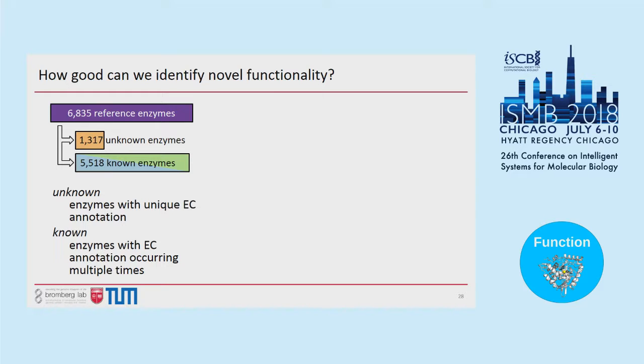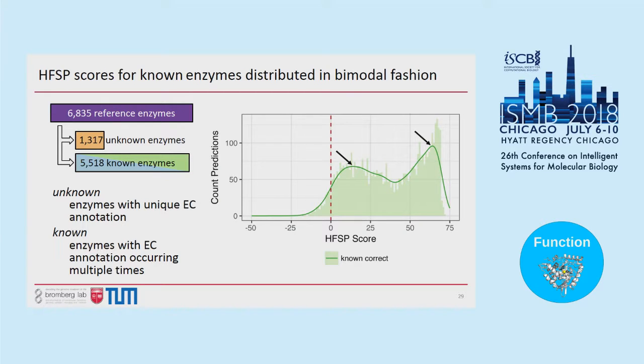To do that, we approximated unknown enzymes by looking at the SwissProt reference enzymes with a unique EC annotation, and we approximated our known enzymes by looking at those enzymes with an EC annotation that appears multiple times in our reference. The first thing that we observe, looking at the distribution of HFSP scores, is that the distribution for enzymes that are known and correctly predicted is bimodal.